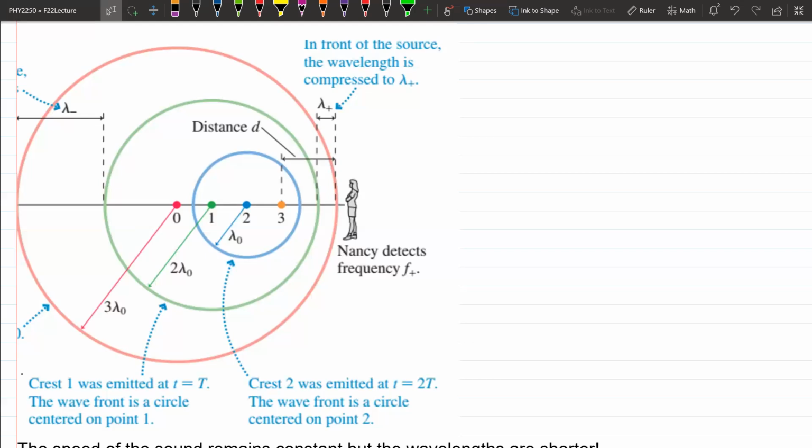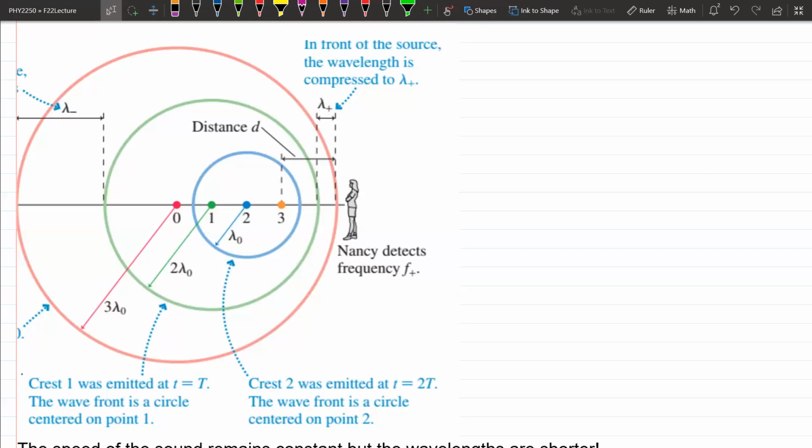Since it has not had as much time to propagate outward, it is a smaller sphere, but you can tell that the difference between the green and the red circles is shorter, because the sound source actually moved closer to Nancy between the time it emitted the first pulse and the time it emitted the second pulse.